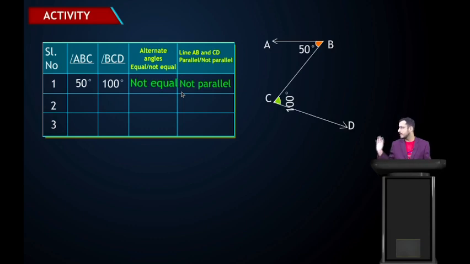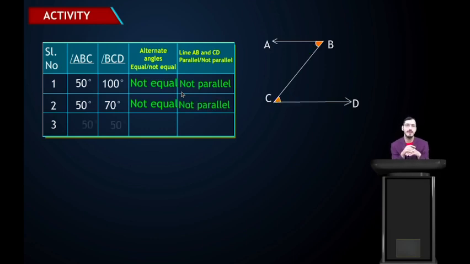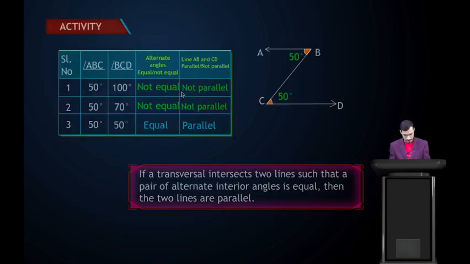So lines AB and CD are not parallel. When angle BCD is 70 degrees, the angles are not equal, so lines AB and CD are not parallel. In the third case, when angle ABC is 50 degrees and angle BCD is 50 degrees, both angles are equal. That means lines AB and CD are parallel here.